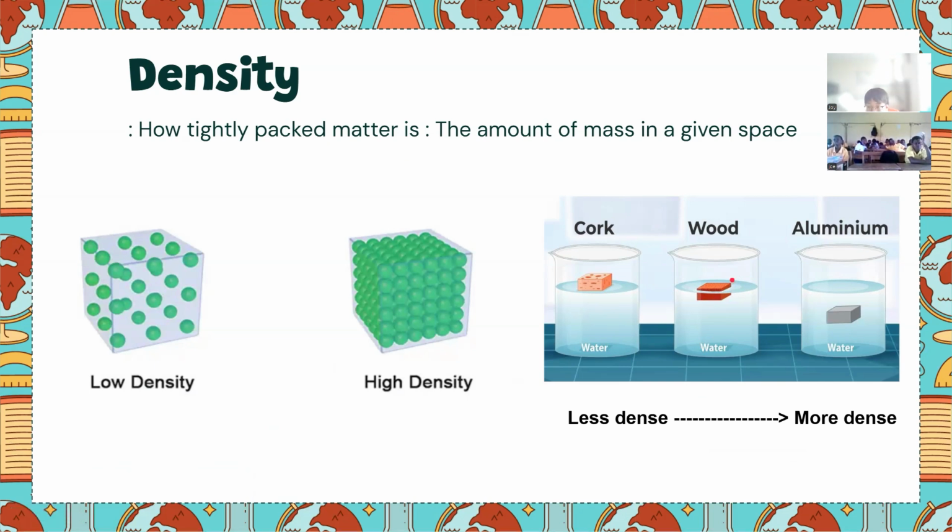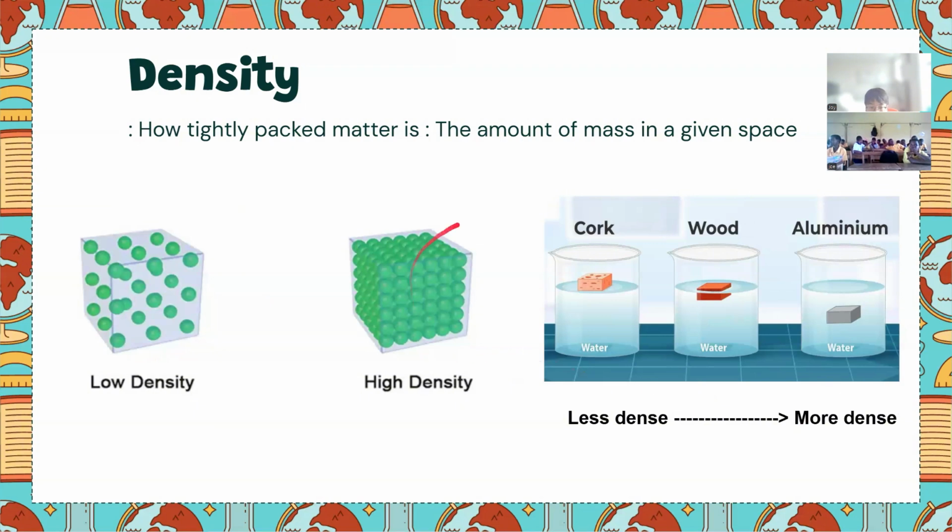On the second one, we put a piece of wood in water. And you can see that it still floats in water, but partially floats because some parts of it sink. That means it is still less dense than water, but more dense than the cork. You can see it sinks more.